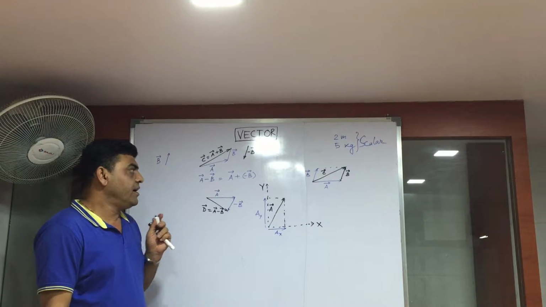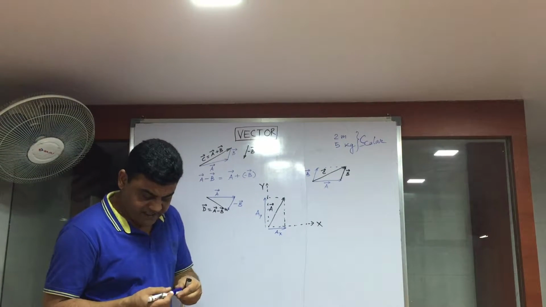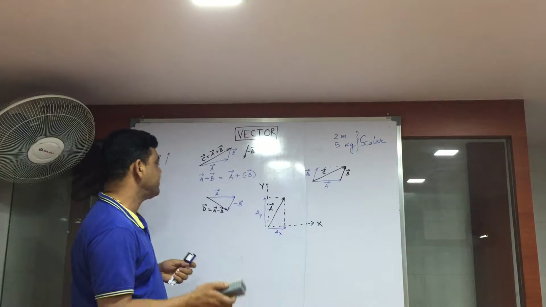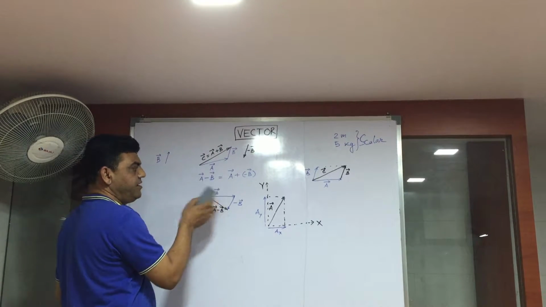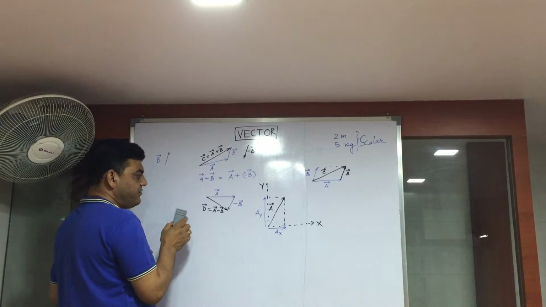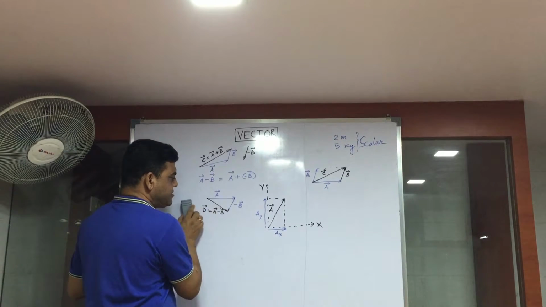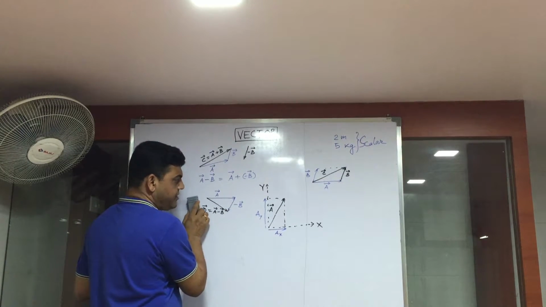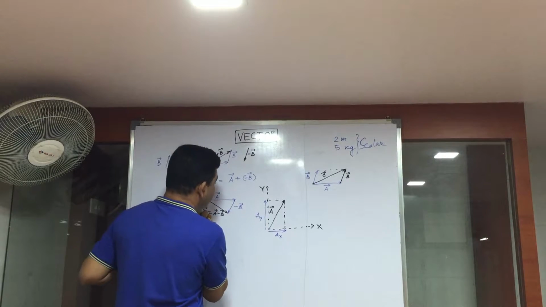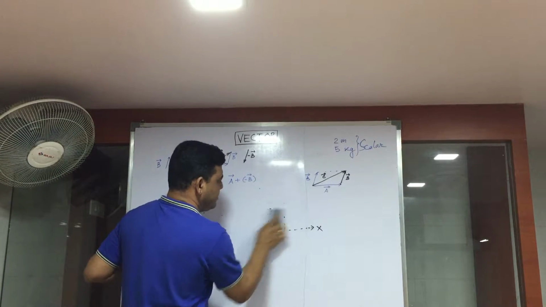Okay. Now let us go to the next level of application of vectors. We have done addition and subtraction, the first two mathematical operations we do on vectors. Let us talk about multiplication of vectors.